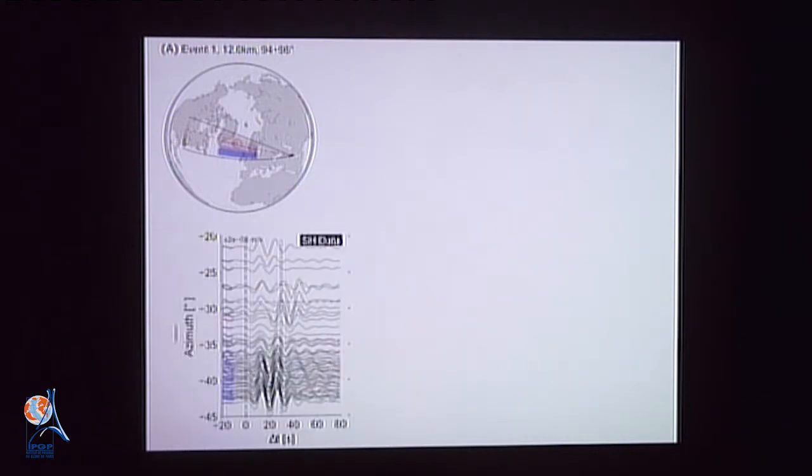What we did, so this is just one example, one earthquake shown here, recorded at a bunch of US array stations, and again the waveforms as a function of azimuth, color-coded here, so the blue are the southernmost, the red are the northernmost.